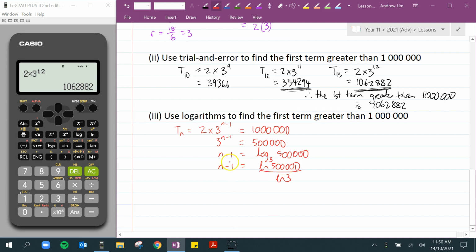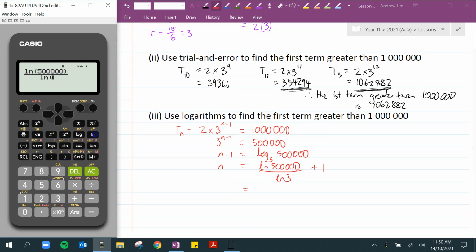So n therefore has to equal that plus 1. Let's put that in our calculators: ln of 500,000 over ln of 3, plus 1. So we can see here we get 12.94.